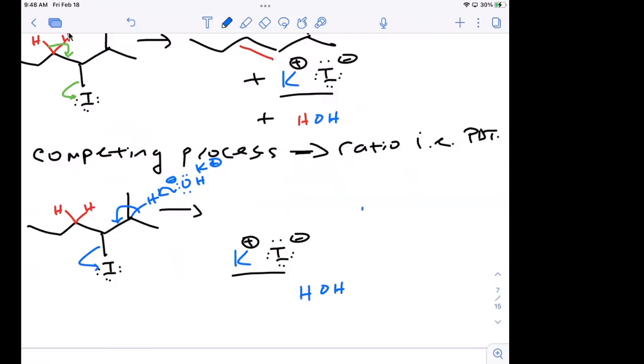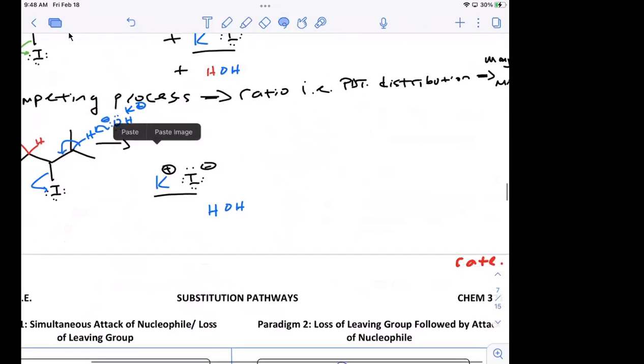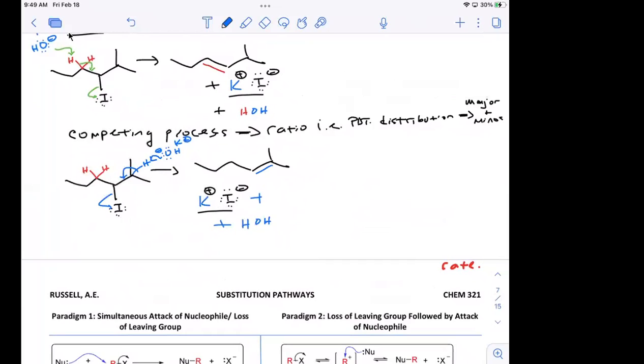And I'm going to get that second alkene, which looks like this. Anybody disagree with that? All of this is formed. Yes or no? Yes. So with that competing process, again, you open the door for product distribution, ratio of products, major product, minor product.